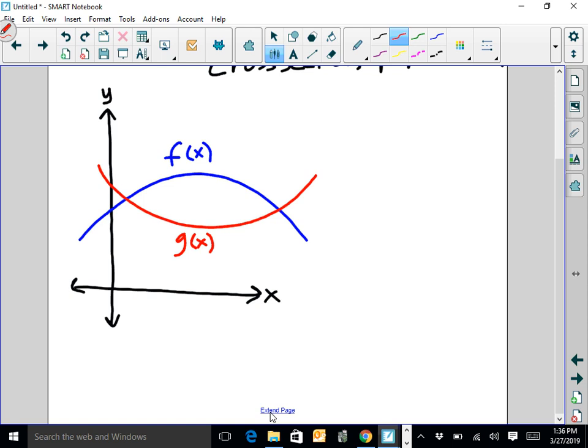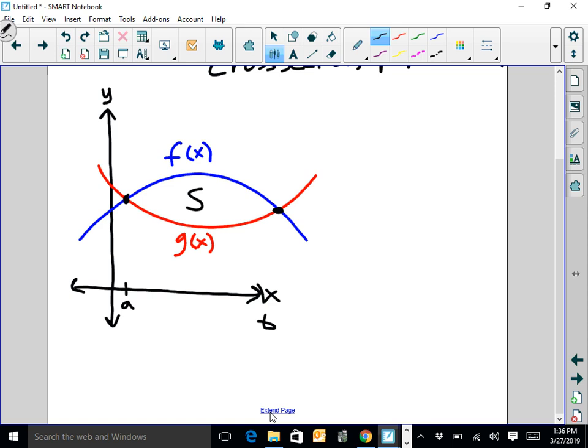We know how to do a lot with this. I'll call the region S. I could find the area of S, but I would need to know the two intersection points, which we'll call A and B. The area of S is the integral from A to B of f of x minus g of x.